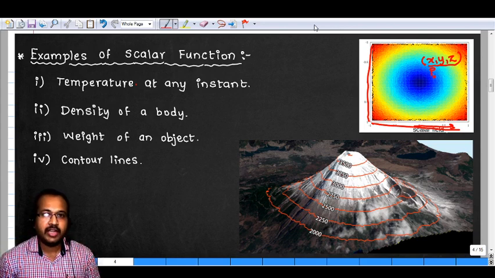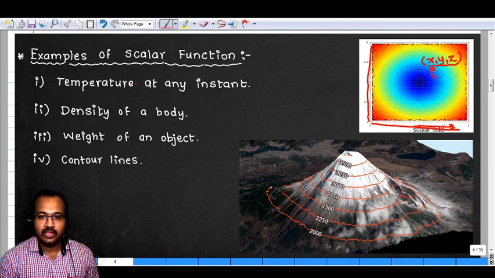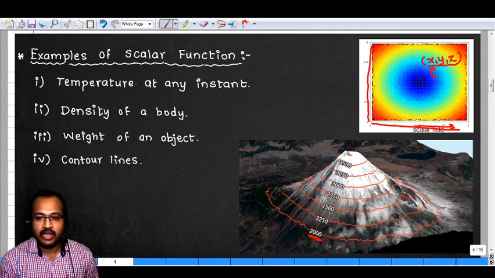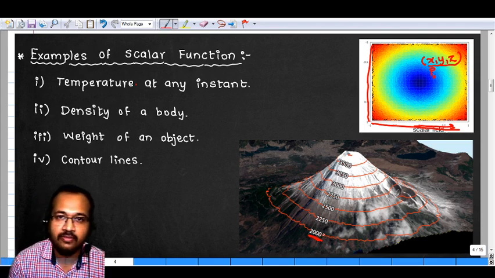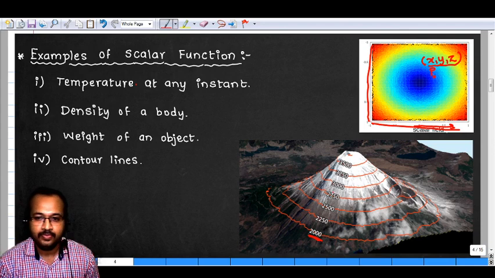Or let's take an interesting example of a scalar function. As shown in the diagram, if you consider a hilly region, then the contour lines drawn across that surface will give us the points on that hilly region which are at a height of 2000 feet from the mean surface level.